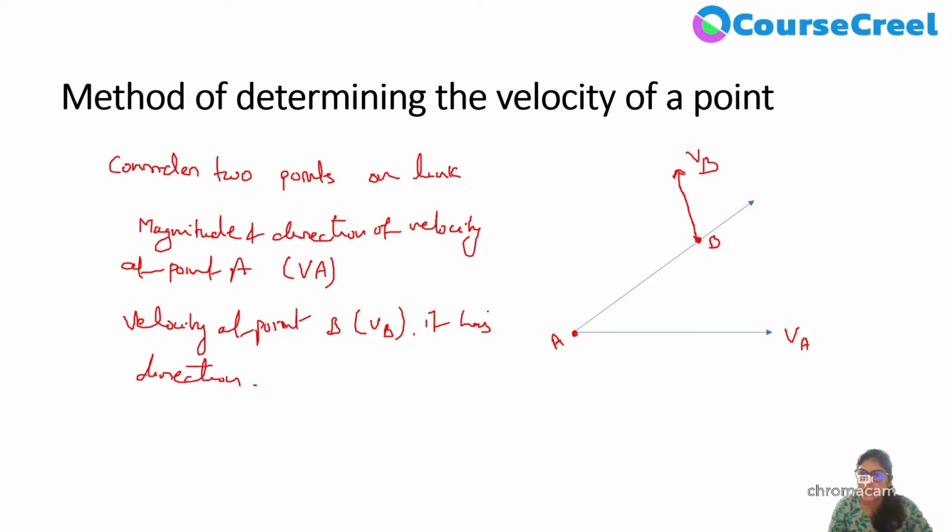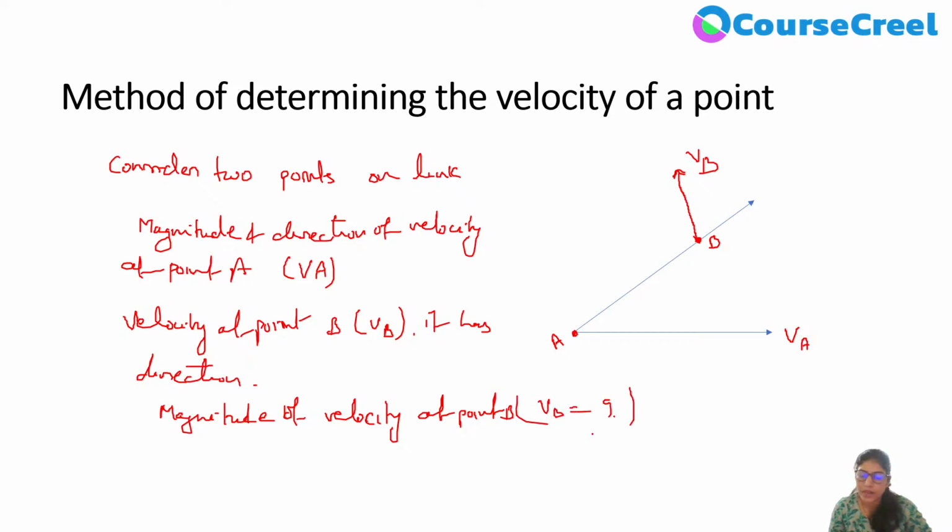So we need to find out the magnitude of velocity at point B. तो हमें magnitude VB का जो है वो find out करना है, right?